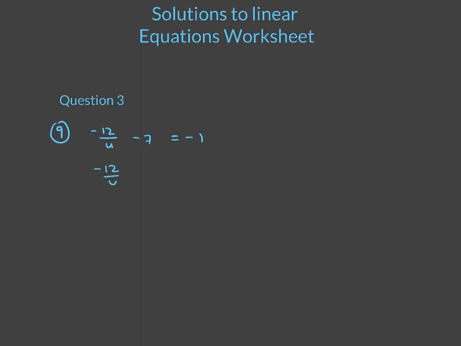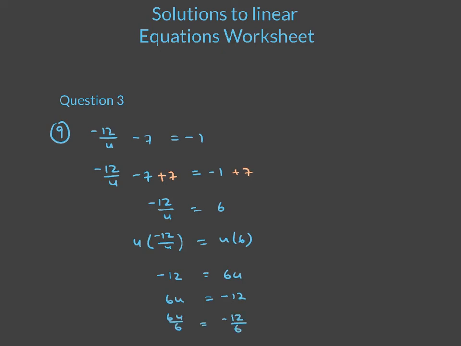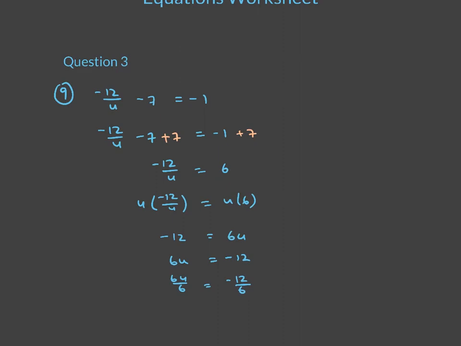Minus 12 over u minus 7 is equal to minus 1. Try to get rid of that minus 7. Add 7 on both sides of the equation. So minus 12 over u is equal to 6. Multiply u on both sides of the equation. So minus 12 is equal to 6u. 6u is equal to minus 12, therefore. That means you need to divide both sides of the equation by 6. So u is equal to negative 2.